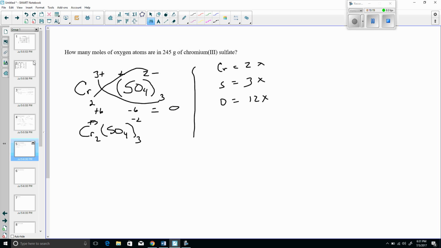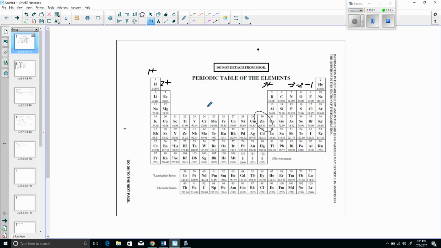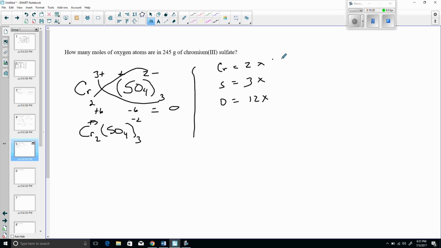So we go to our periodic table, find chromium, and we see that it is 52. And 2 times 52 is equal to 104 grams. And then we have sulfur, which has a molar mass of 32. That's going to be 96 grams.